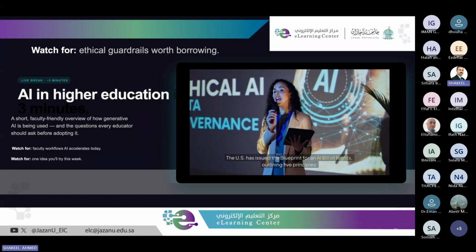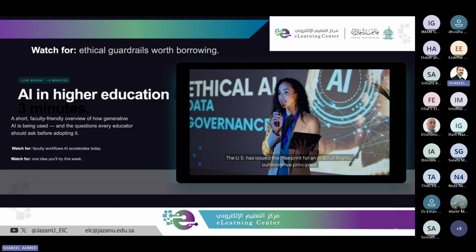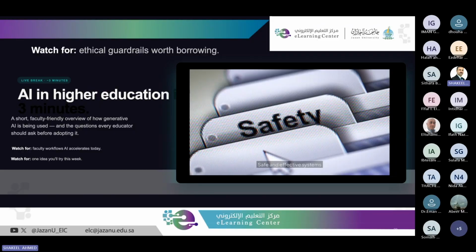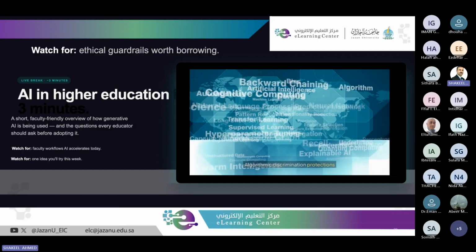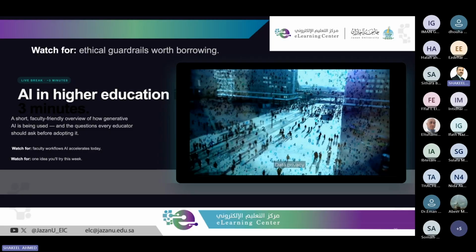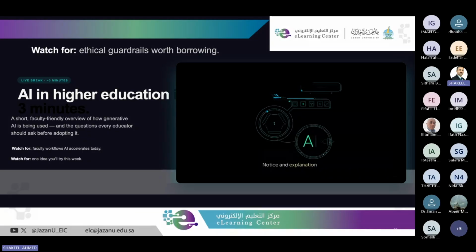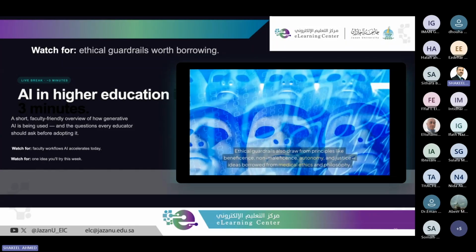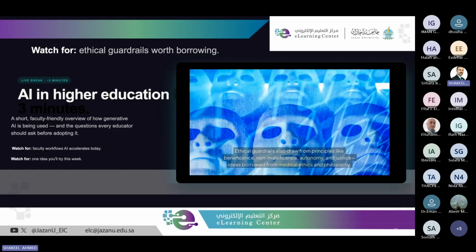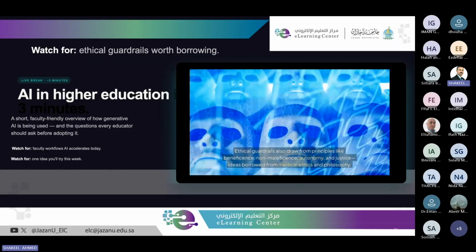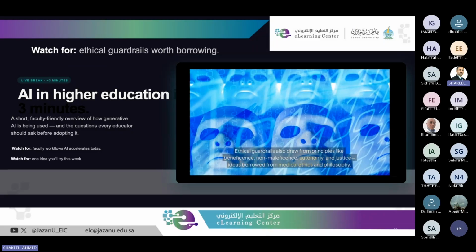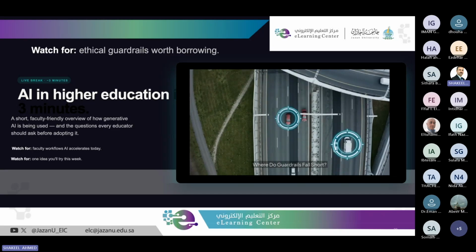The US has issued the Blueprint for an AI Bill of Rights, outlining 5 principles: safe and effective systems, algorithmic discrimination protections, data privacy, notice and explanation, and human alternatives and fallback. Ethical guardrails also draw from principles like beneficence, non-maleficence, autonomy, and justice, ideas borrowed from medical ethics and philosophy.